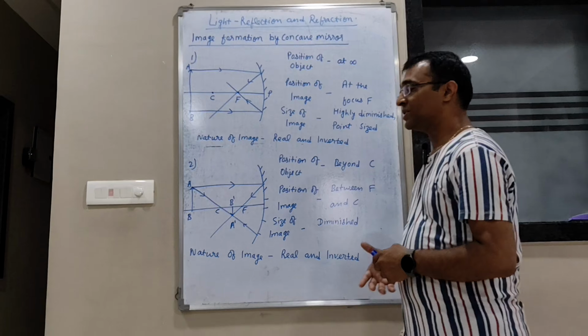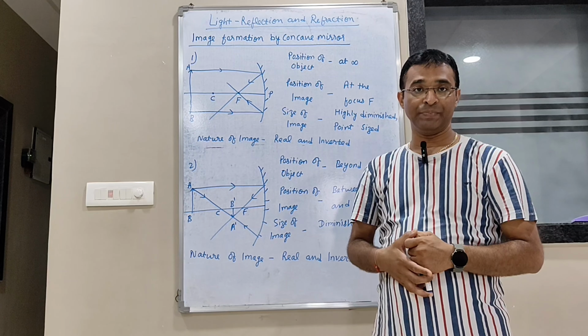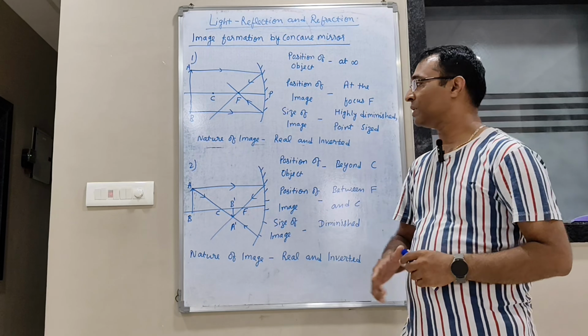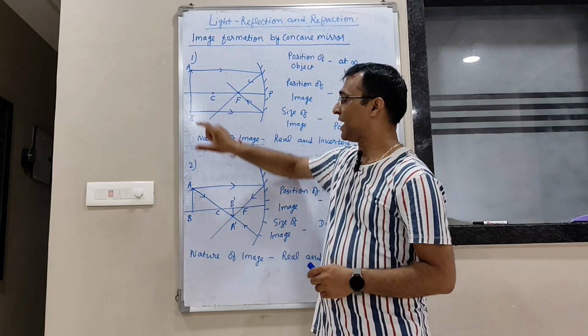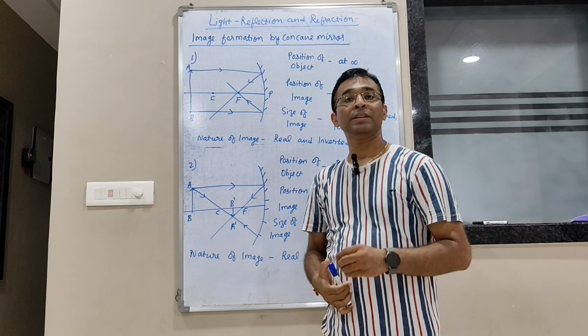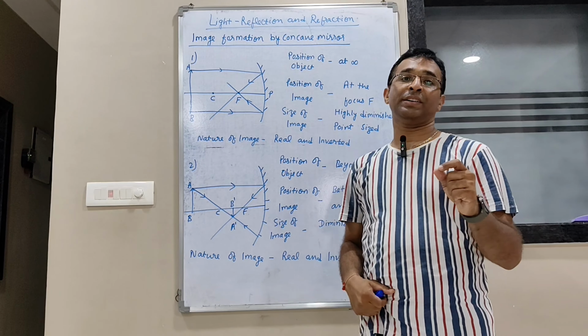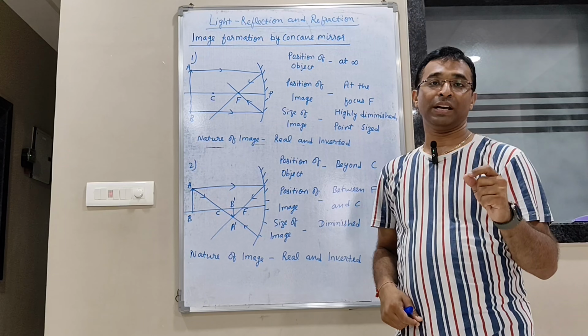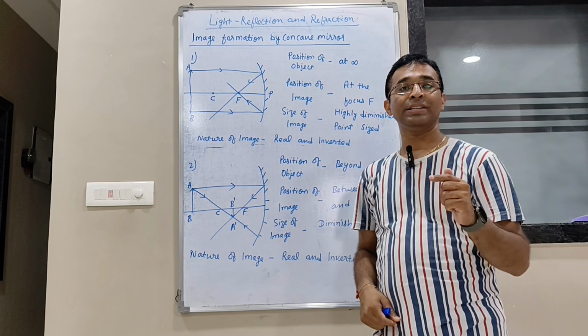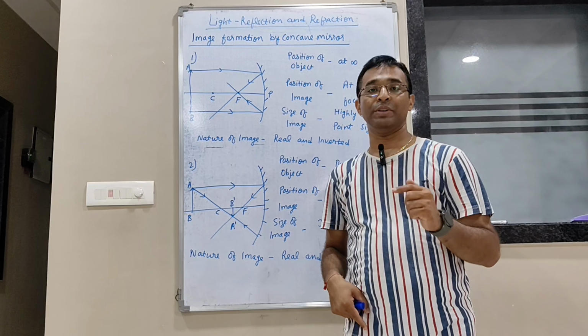And the nature of the image is real and inverted. An important point to notice is that when we write A and B, it means the object height is mentioned, and whenever we write A dash B dash, it is the size of the image.